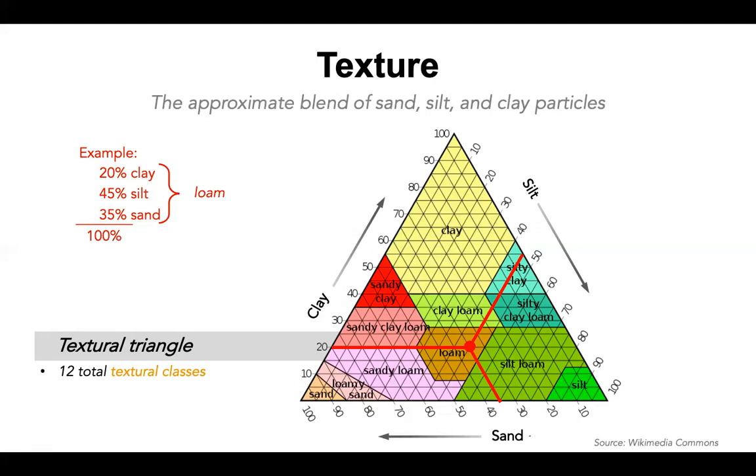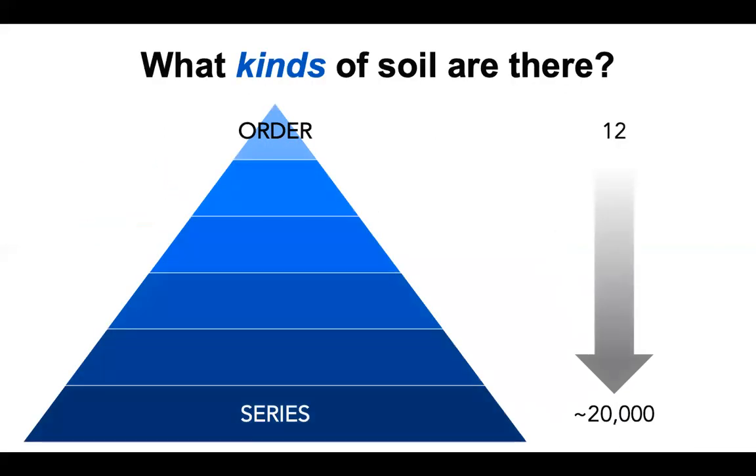Now, in addition to thinking about the blend of particle sizes, we have to have other ways of thinking about and classifying soils, right? In the same way that we classify organisms, right? Where we have, as you learned in your biology class, kingdom, phylum, all the way down to genus, species, right? We have all these different taxonomic levels. So in soils, we have 6 different levels. I'm only going to talk about 2 of them here. So the highest level in the hierarchy is order, right?